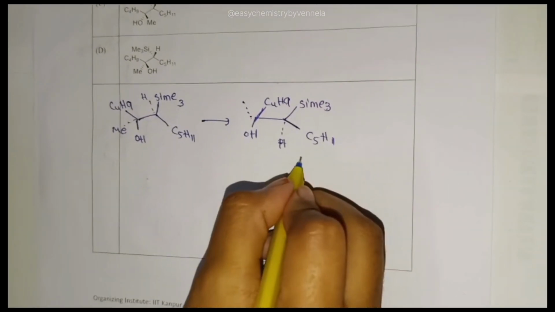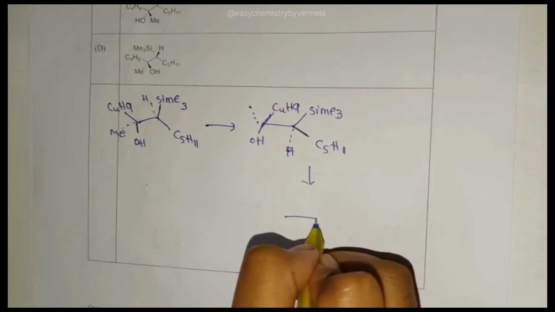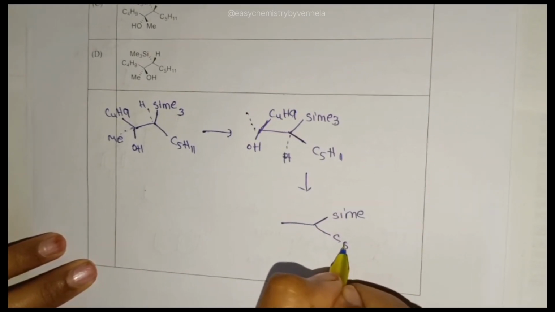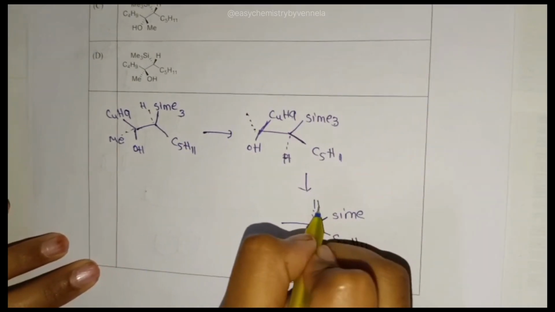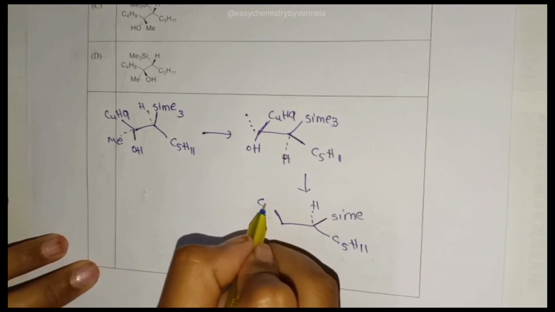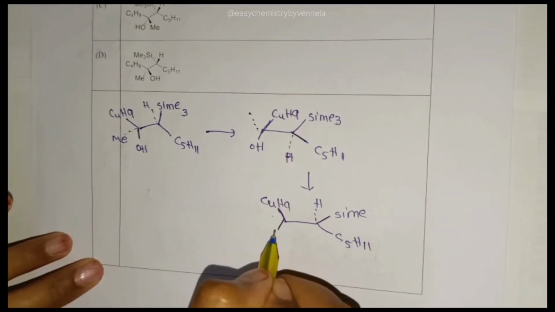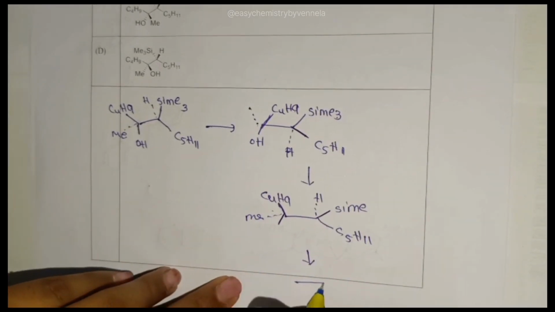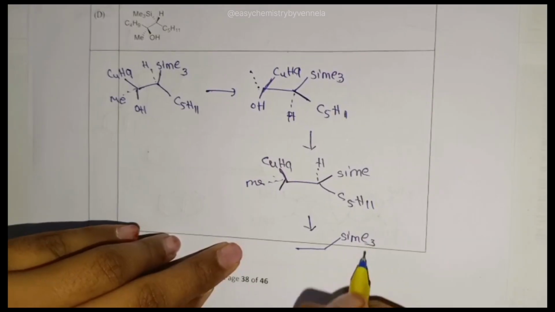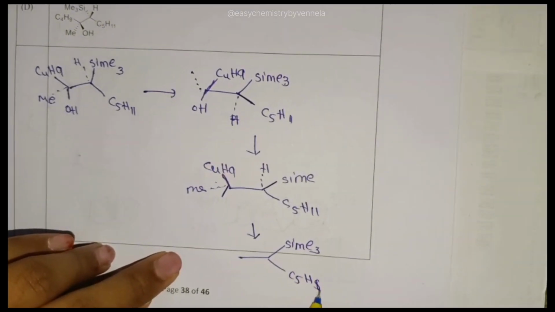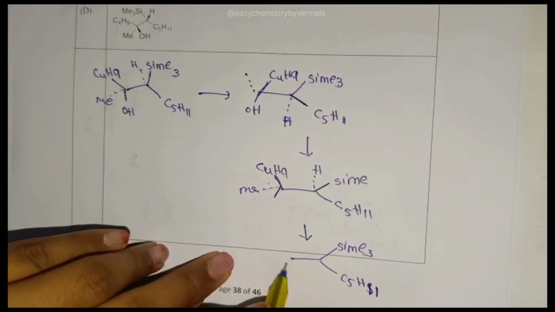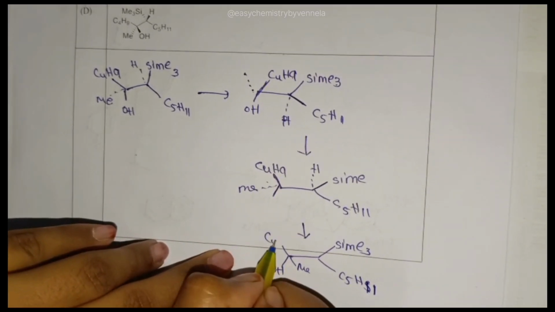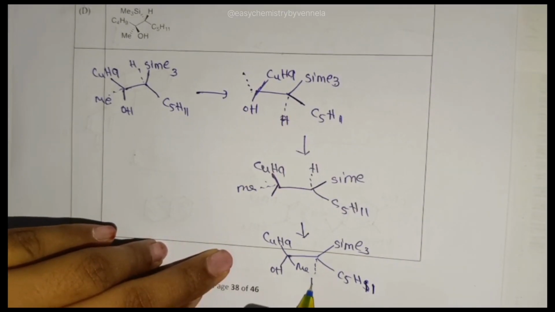So next here it can form like this also. C5H11, hydrogen, C4H9 can form methyl. After this, the final step is SiMe3 C5H11. Next here methyl, hydroxy group, C4H9 and here hydrogen.